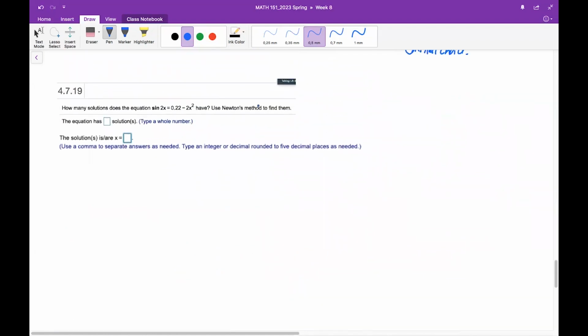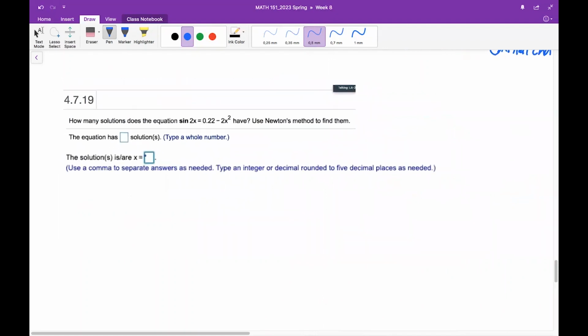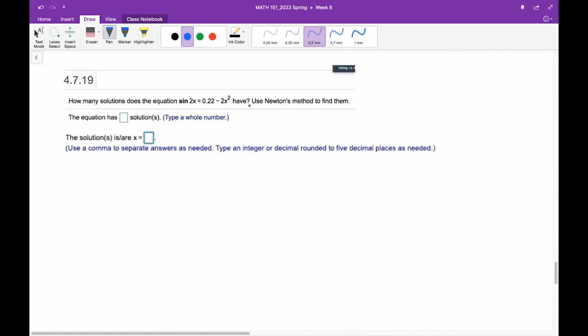This time we will work algebraically with Newton's method. Okay, the question is, how many solutions does this equation have? Use Newton's method to find them. Find here is a strong word. I guess we should change it to approximate. Okay, look at your equation.